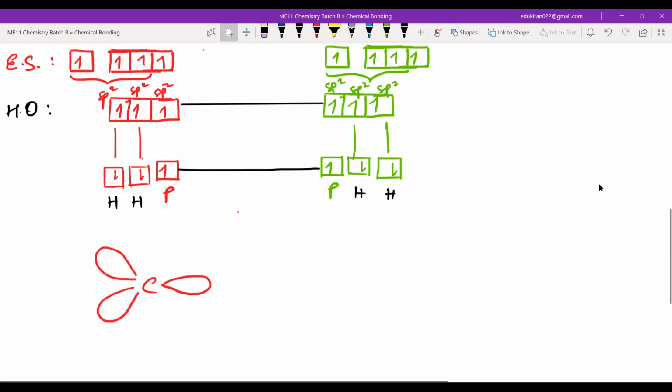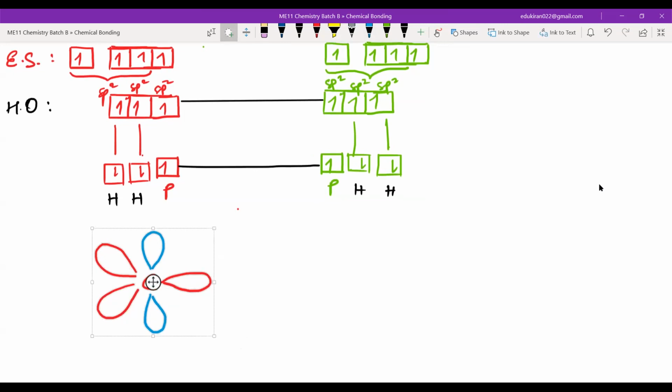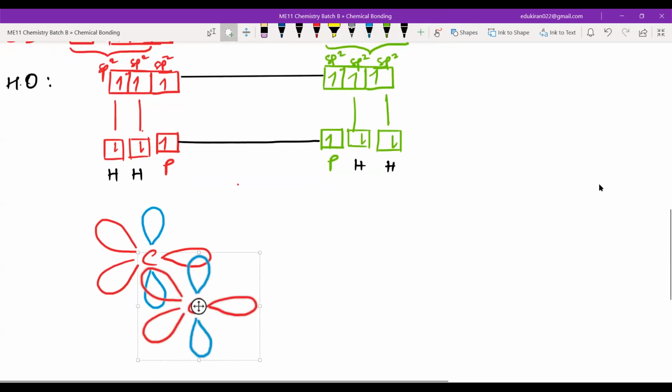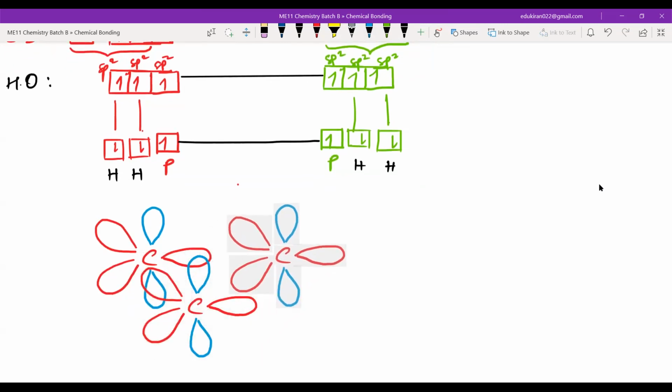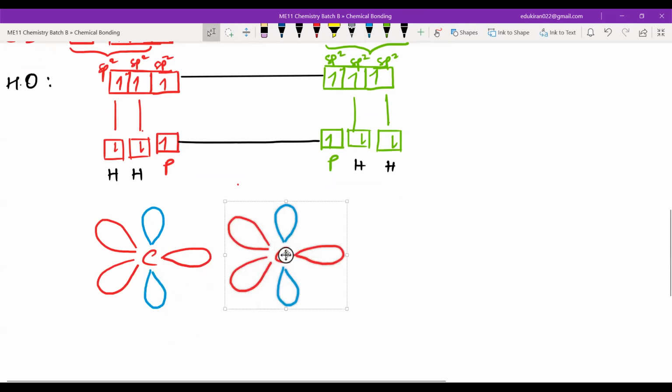Right, so this is sp2, and then there is one pure p orbital. So I have to draw one pure p orbital. Let me draw the pure p orbital with blue. This is the pure p. I will select this and copy, and then I will flip this.